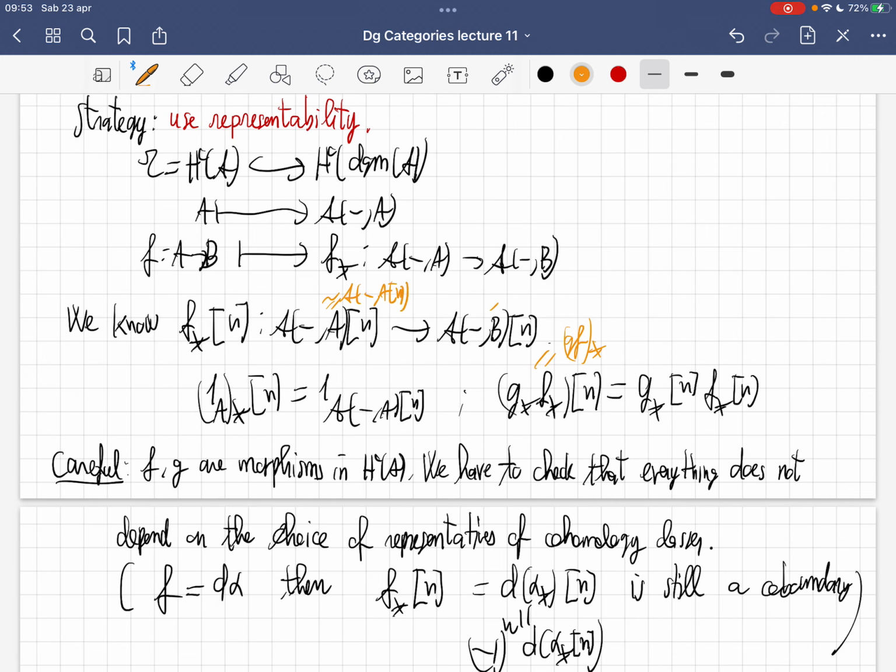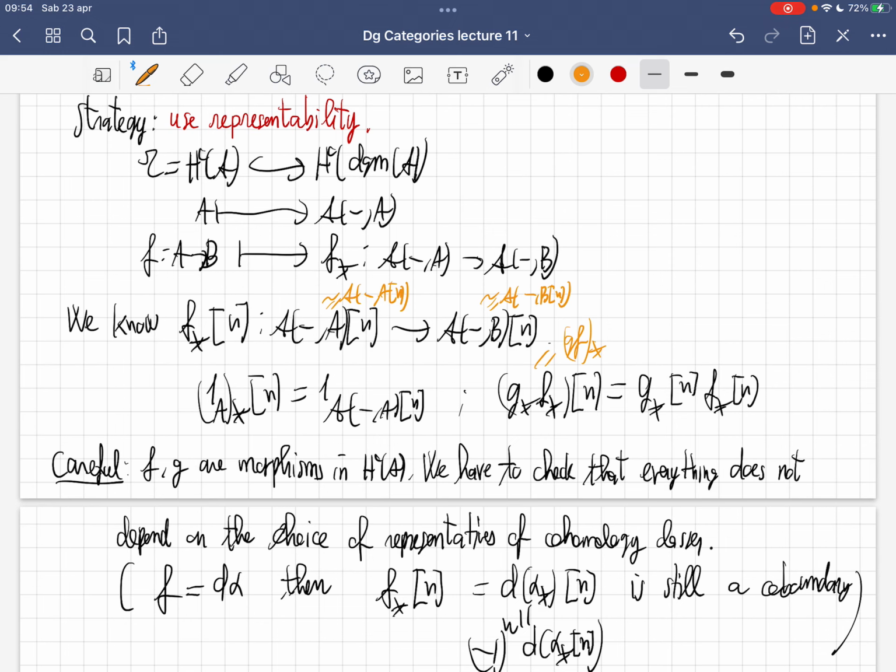That's the point. Also, I should write them. You use these isomorphisms implicitly to go back. If you want, you identify this shift at the level of the DG modules with this represented DG modules, so that you can go back using these isomorphisms.